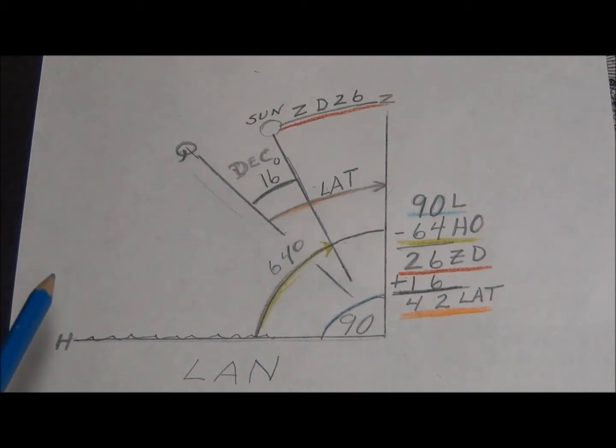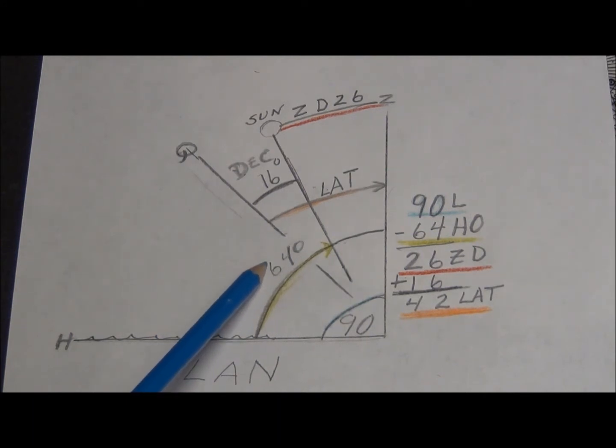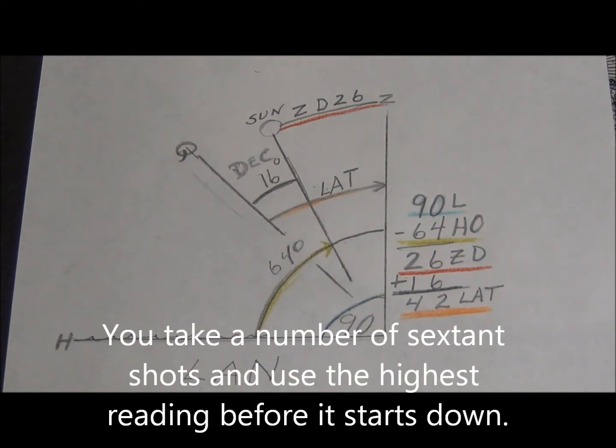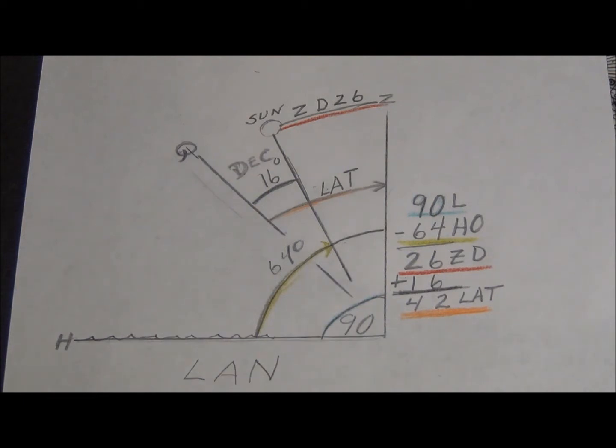So you measure the altitude of the sun. It gets to the highest point in the sky before it starts down again. So you can take several sights, and they don't need to be really timed. All you need is a rough time so that you can go into a nautical almanac and pick out a declination to complete the problem.